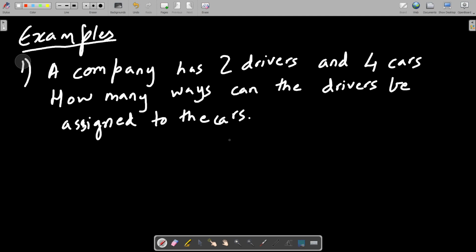So you have two drivers available and four cars are there with you, right? So, solution.